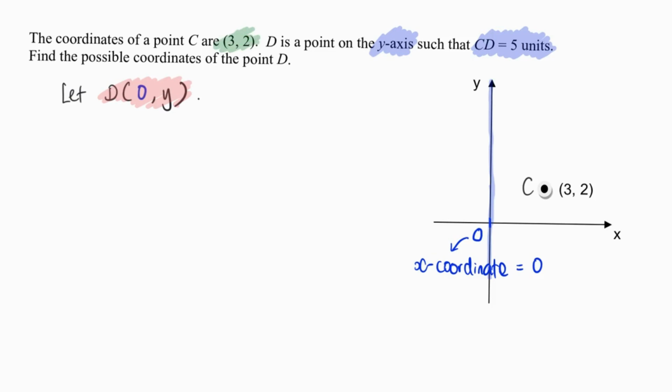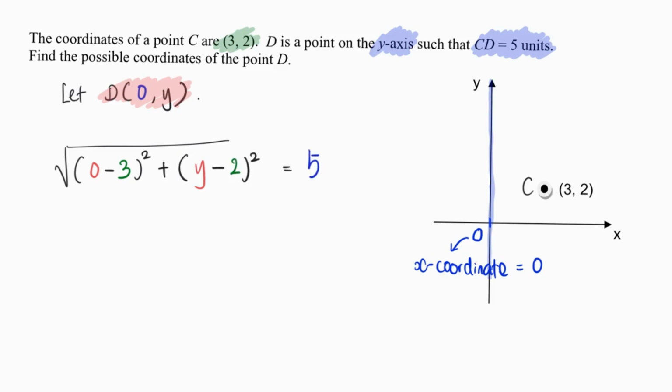Meaning my square root of 0 minus 3 bracket square plus my y minus 2 bracket square is equals to 5. And I'm going to slowly simplify inside first. This will be 9 plus y minus 2 square.